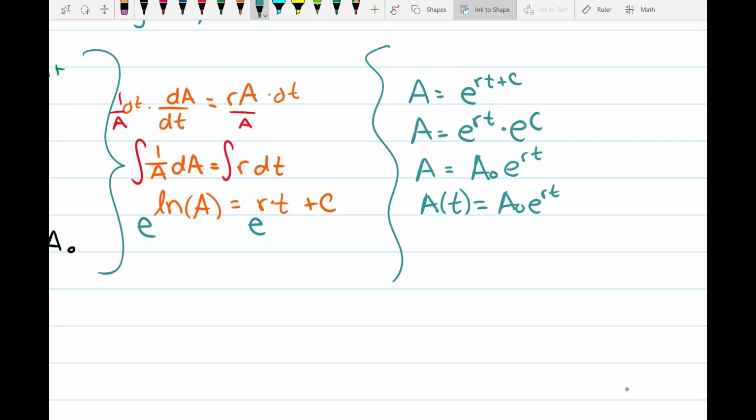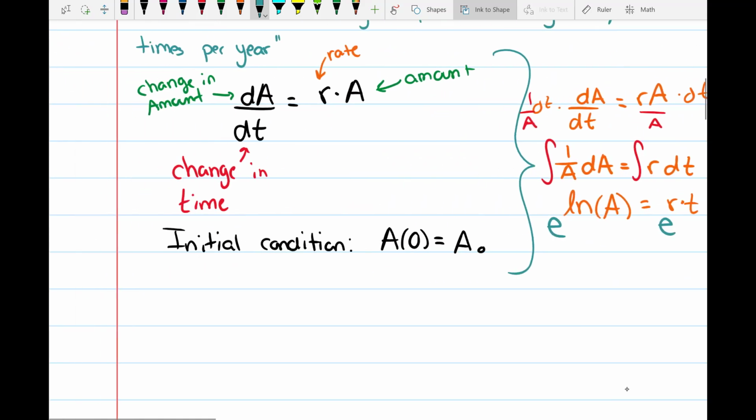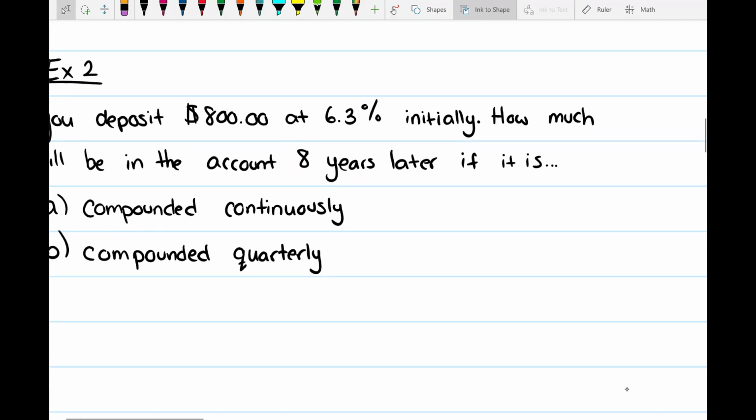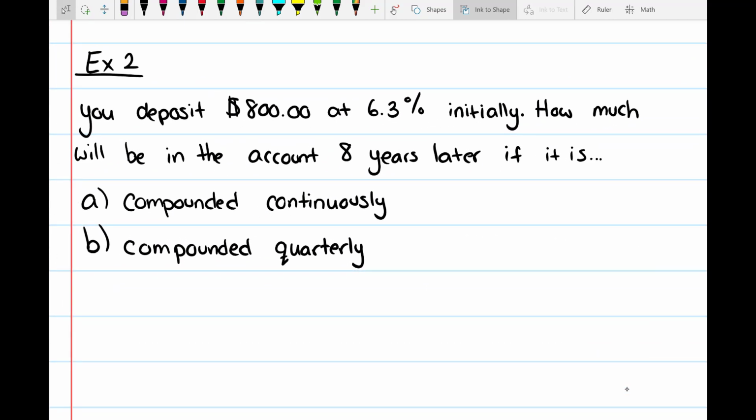So this is an equation that allows us, at any given time in years, to determine how much money we've accumulated. So in example 2, you deposit $800 at 6.3% initially. The word initially applies to the $800. The interest rate will not change.